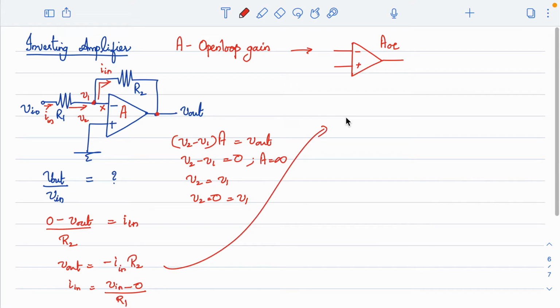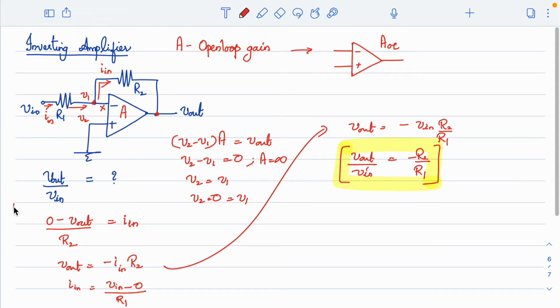So taking this over here, I can write this as V out is equal to minus V in into R2 by R1, or V out by V in is equal to minus R2 by R1, which is, for an inverting amplifier, the gain for an inverting amplifier is minus of feedback resistance divided by input resistance, and this is when your A is equal to infinity.